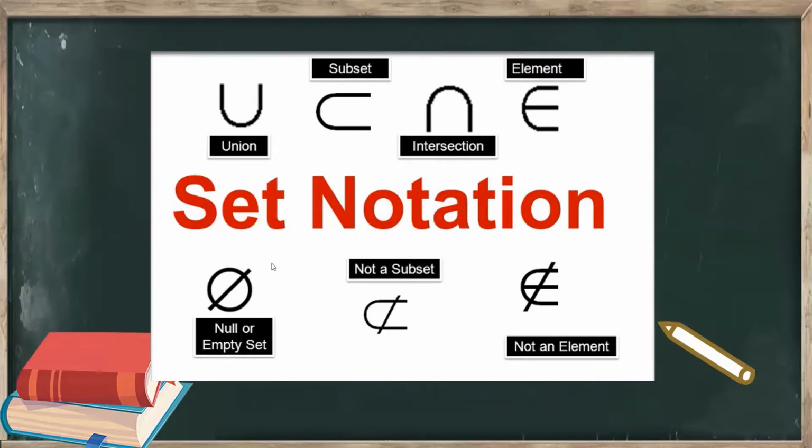This is another way of writing phi, that is all. So phi is what? Empty set, or in other words, null set. Null also means empty. Suppose you want to write that a set is not a subset, then you will write this symbol. There's nothing, just write the subset symbol and slash it up. Element symbol, slash it up, it's not an element. Intersection and union I will teach you later in the further videos.